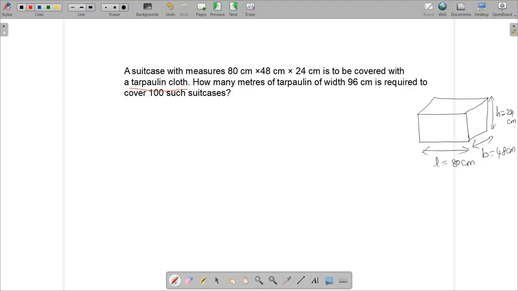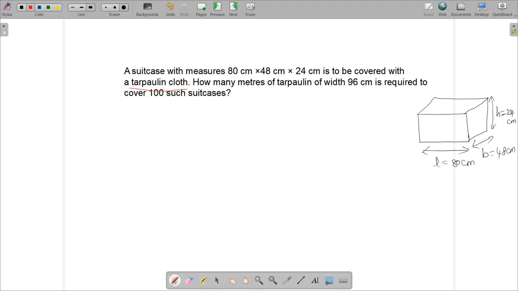Similarly, the suitcases are arranged adjacently and covered with tarpaulin cloth. So we consider the total surface area, not the volume. Volume means the inside occupied space; here only the outside surface matters, so it is the total surface area.